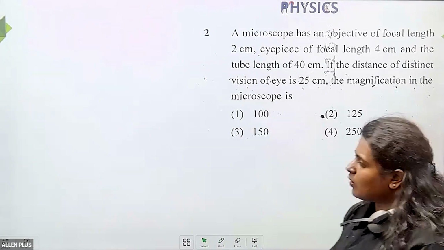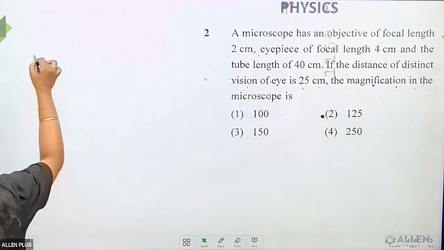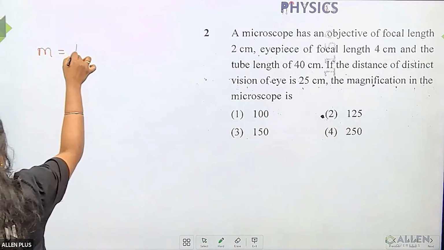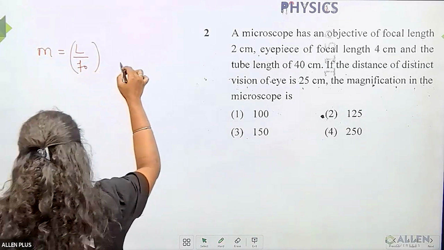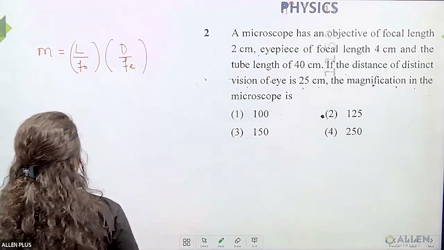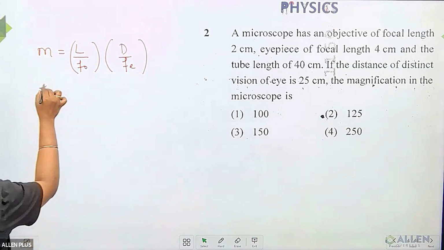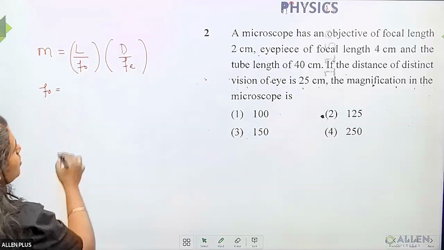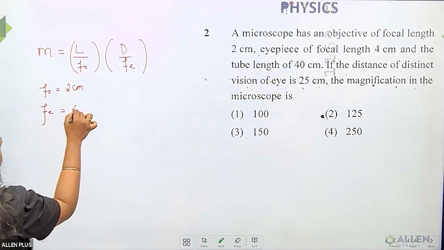So we are talking about the compound microscope over here. The formula for the magnification is given by m equal to L divided by F naught into D by Fe. Now, what are the parameters given here? Focal length of the objective is given as 2 centimeter, and focal length of the eyepiece is given as 4 centimeter.